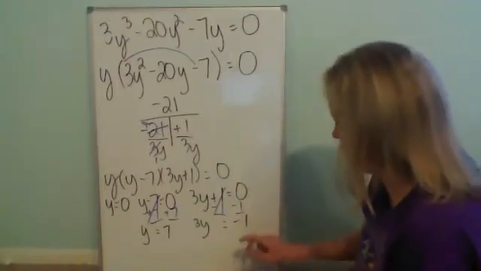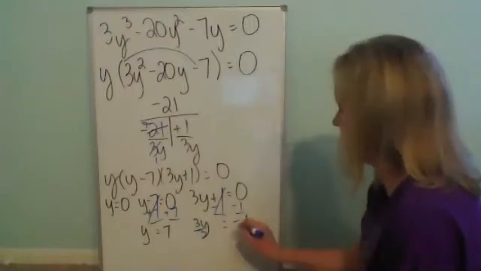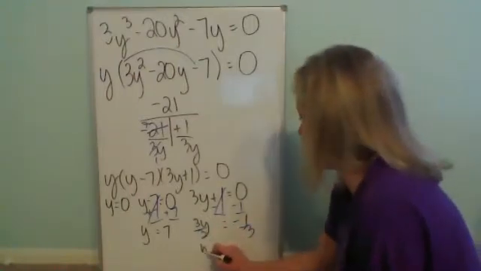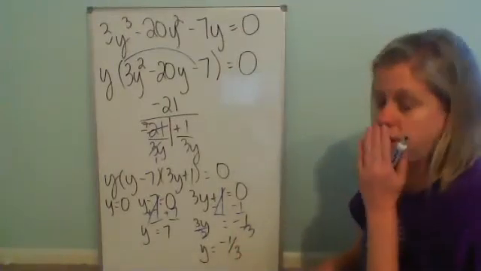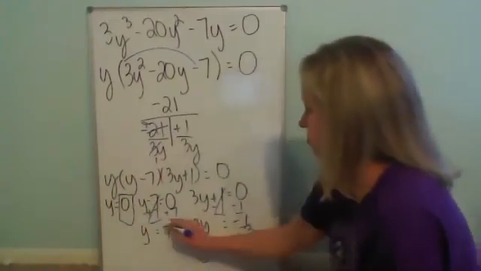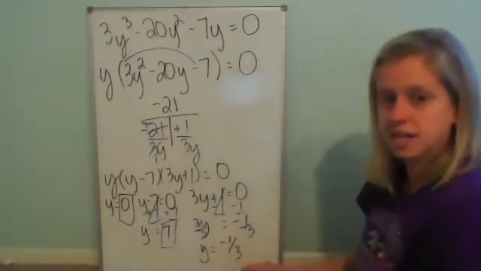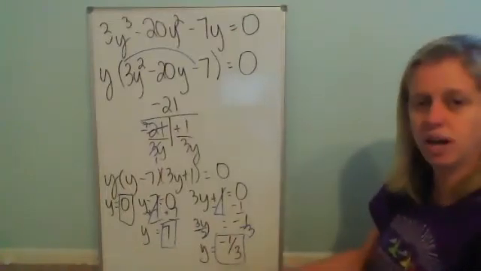So I have -1 here. I still need to get rid of this 3, and since it's hooked on, I'm going to divide by it. So here, y equals -1/3. So my 3 answers are 0, 7, and -1/3.